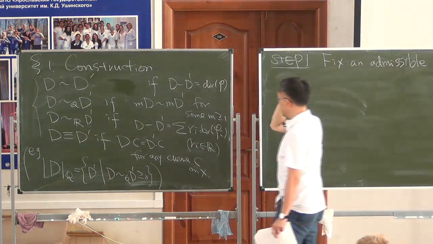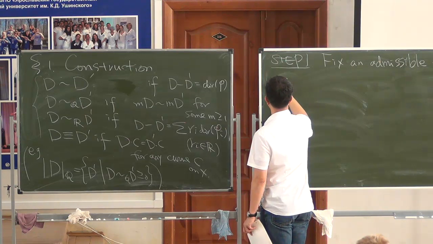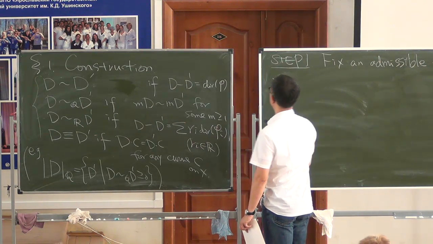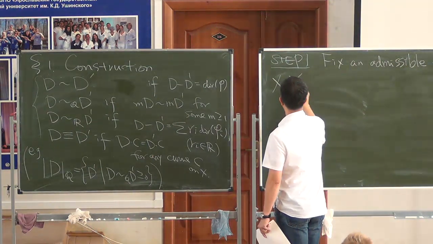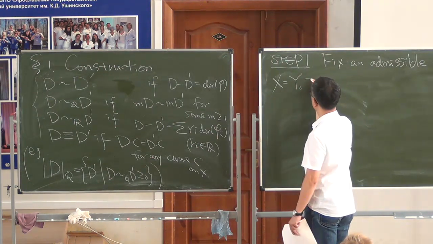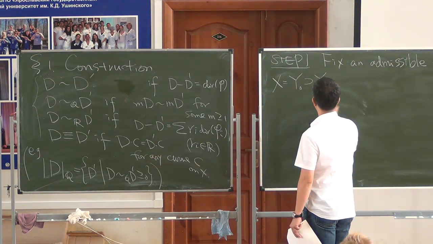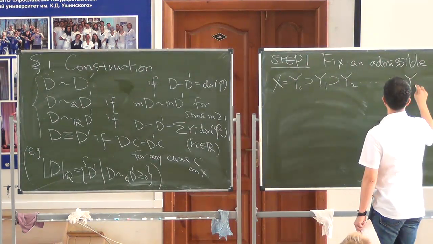Okay? It's a sequence of irreducible subvarieties of X. You are given a variety X, and this is Y0, because the codimension is 0. Then Y1, Y2, up to Yn.